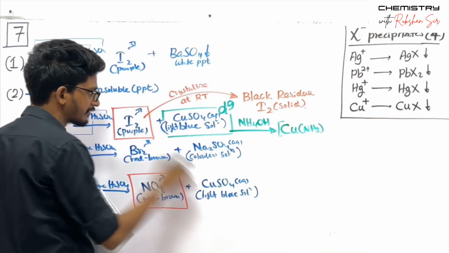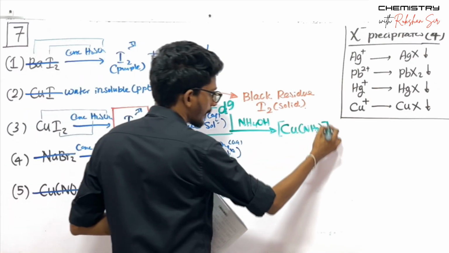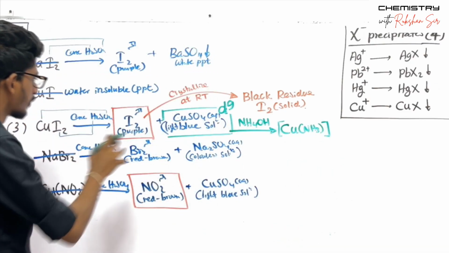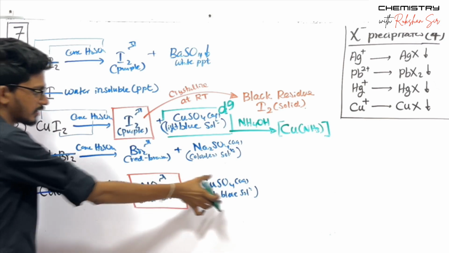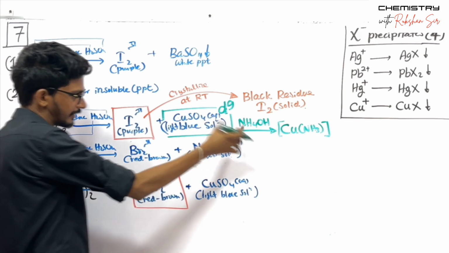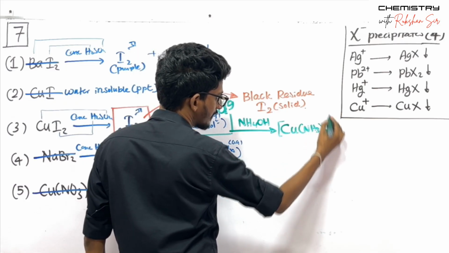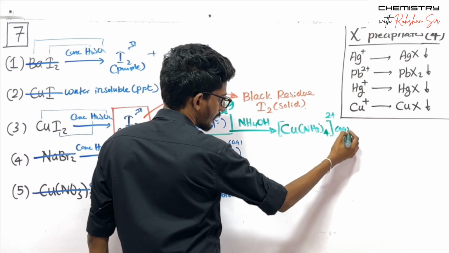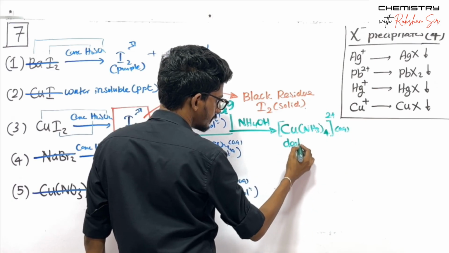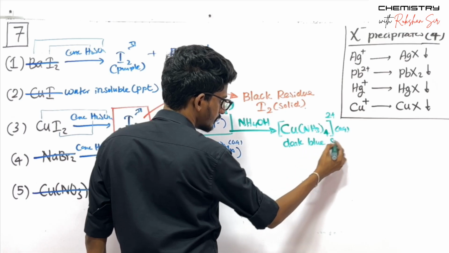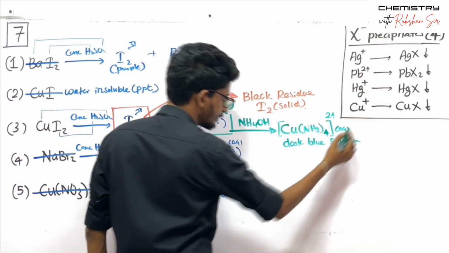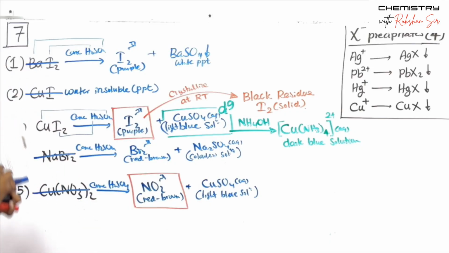That will happen with the other one as well, but the answer will be taken from here, because that one also gives the same solution. Copper comes up with 4 amine ligands, 2 plus. This is dark blue. So it tallies with the observation. So answer number 3, copper iodide.